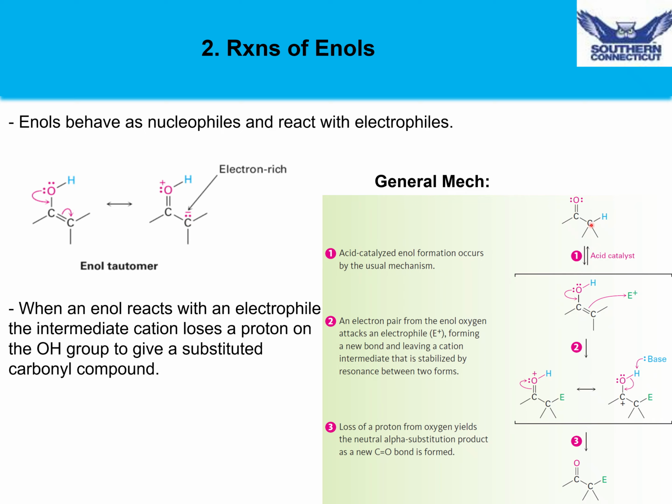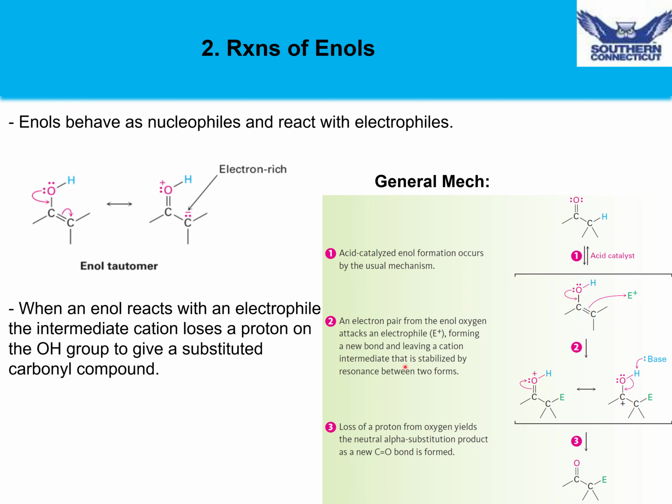Here is a general mechanism of how ketones and aldehydes will add different electrophiles to the alpha position through the enol form, or the enol tautomer. If we start off with a ketone or an aldehyde and we add an acid catalyst, the carbonyl will be protonated.